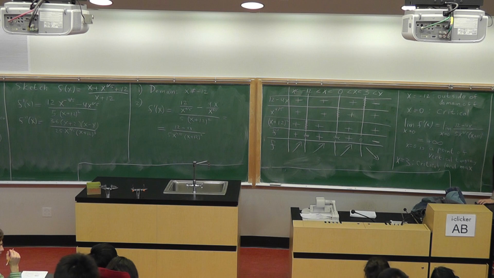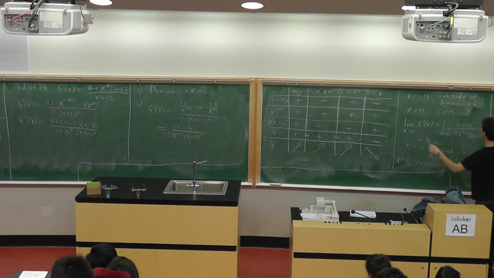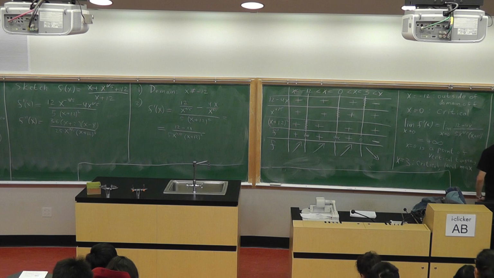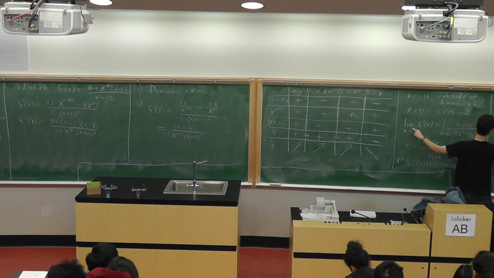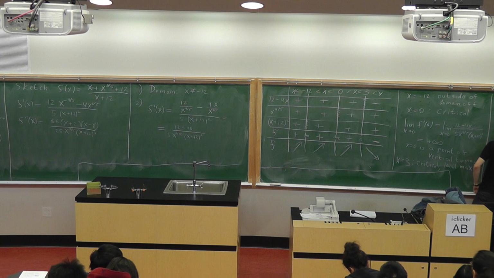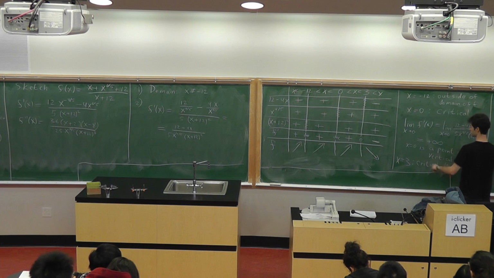So f increases on the following intervals: minus infinity to minus 12, minus 12 to 0, 0 to 3. f decreases on 3 to infinity. x is not minus 12, x is equal to 0, vertical tangency, and x equal to 3, local maximum.